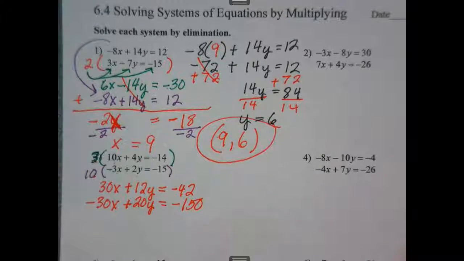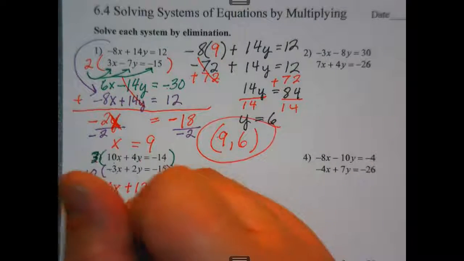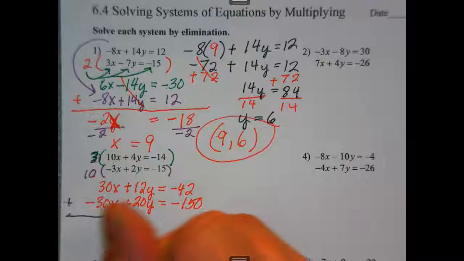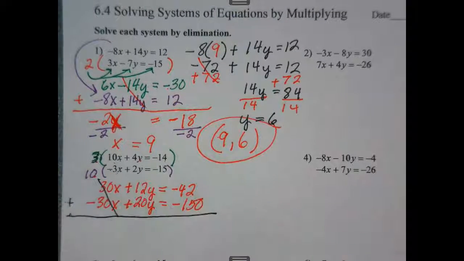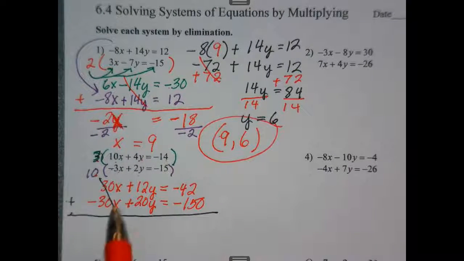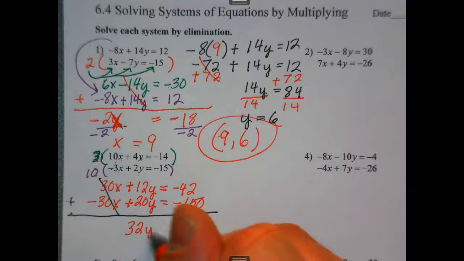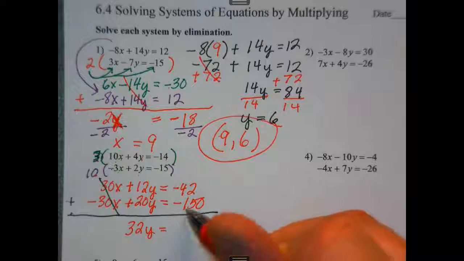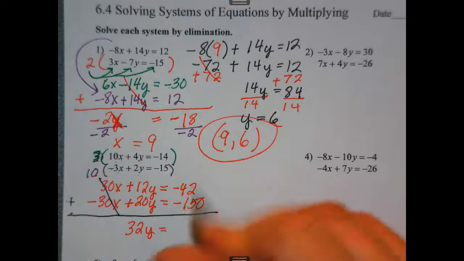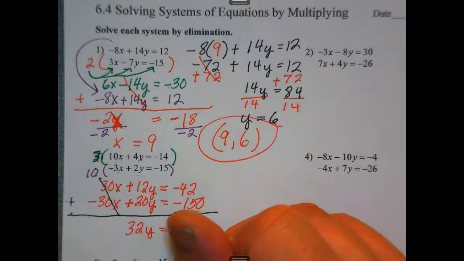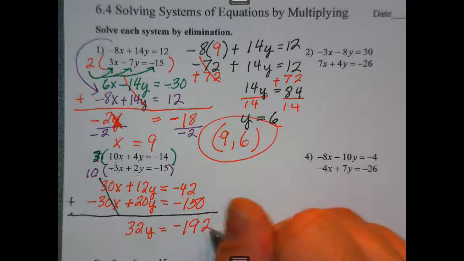Now if we add these together, these x's eliminate. Positive 12y plus 20y, positive 32y. Here I have -42 plus -150 is going to be -192.